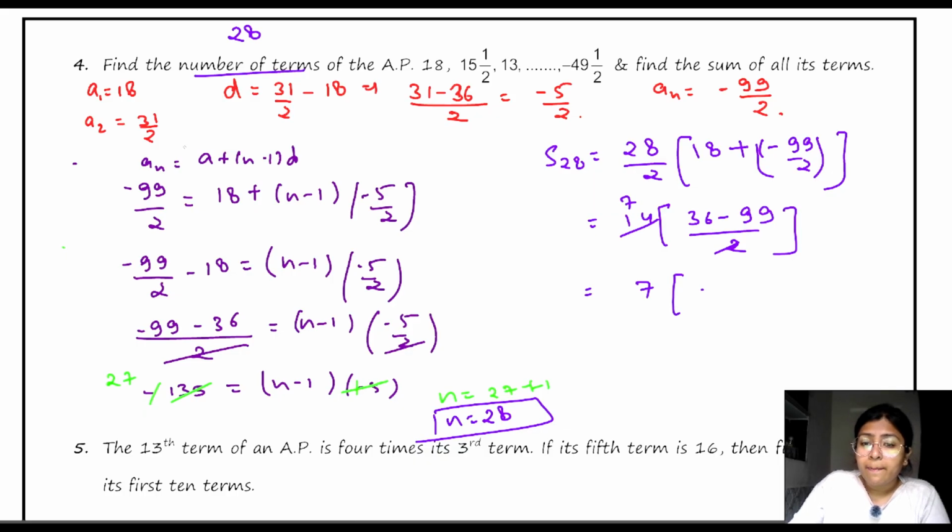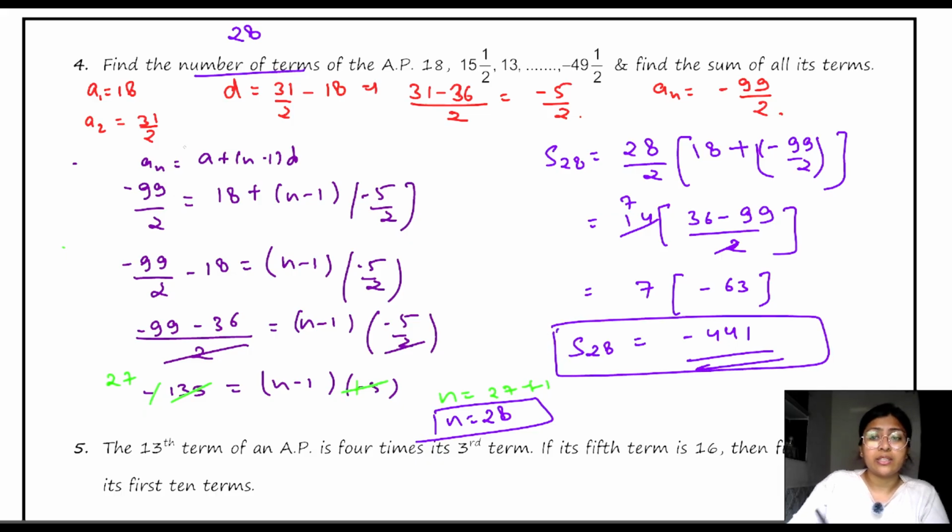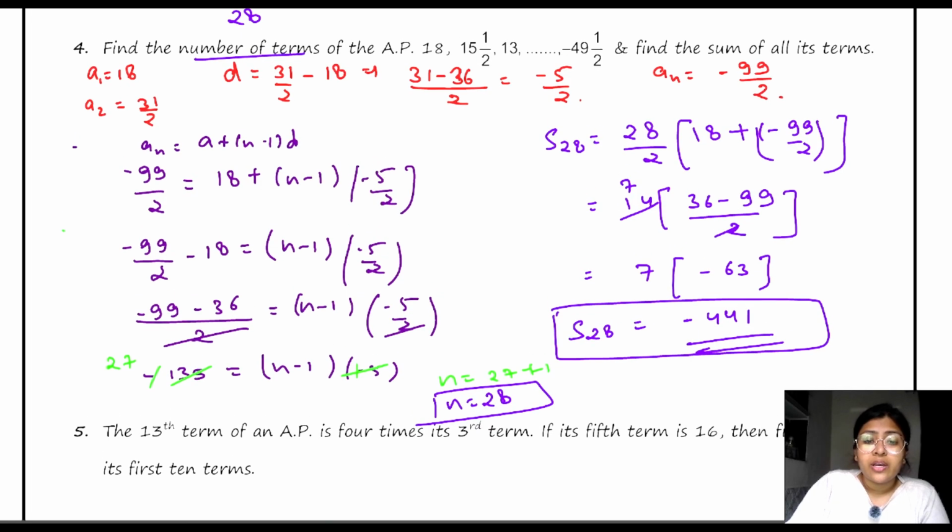So 7 times, if you subtract these 2, it will be 63, and 63 into 7 will be 441. So this is the sum of 28 terms of an AP whose first term and last term is given. Any doubt in this question?